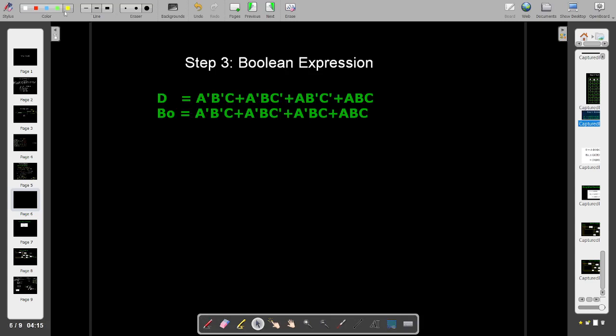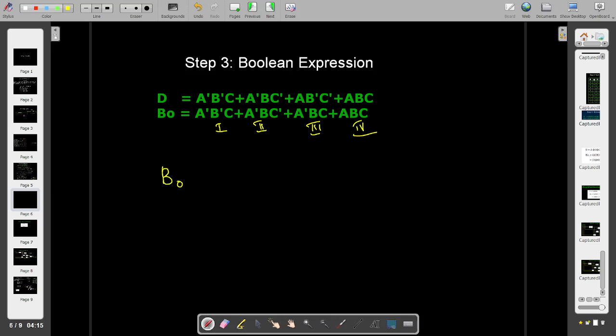So that is B naught. We have to simplify this B naught. Initially we have this first term, this is your second term, this is your third term, and this is your fourth term. And we check with this.